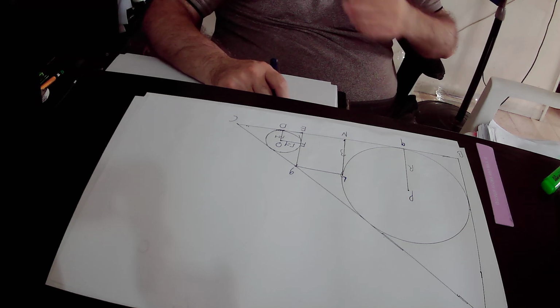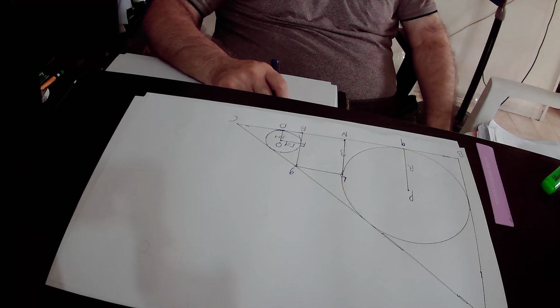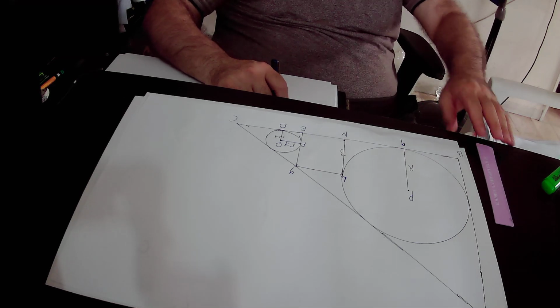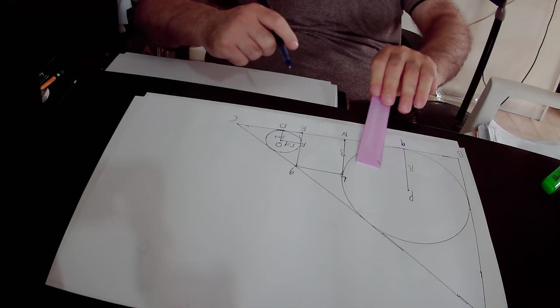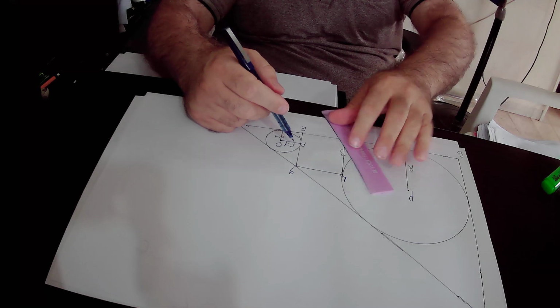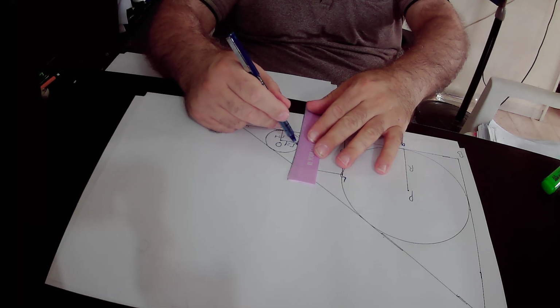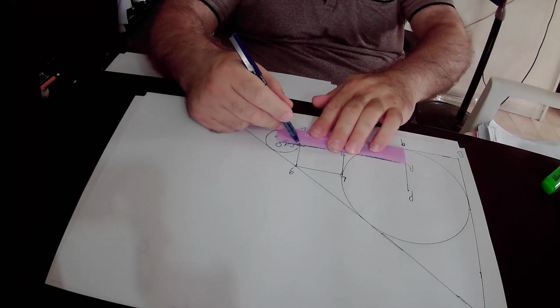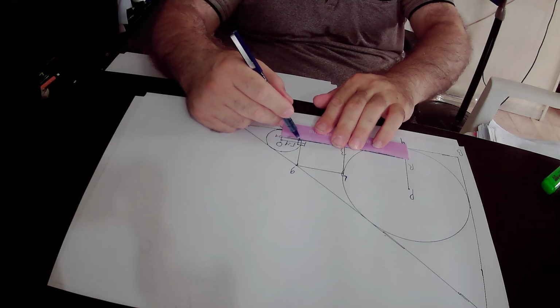Therefore, according to rule number 1 that states that a tangent to a circle is perpendicular to the radius drawn to its point of tangency, this angle will be equal to 90 degrees, and this angle will be also equal to 90 degrees.